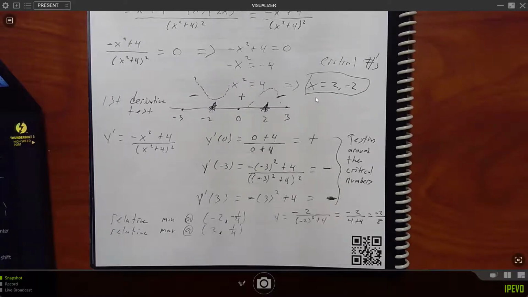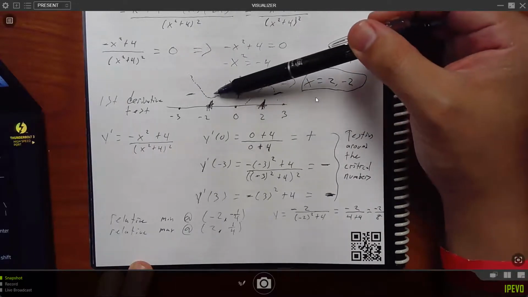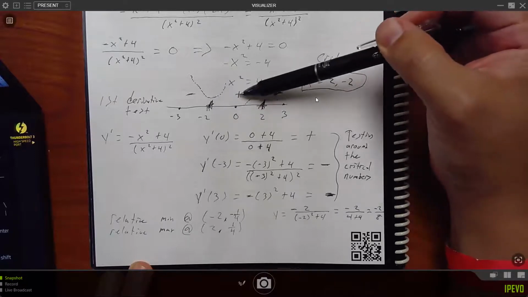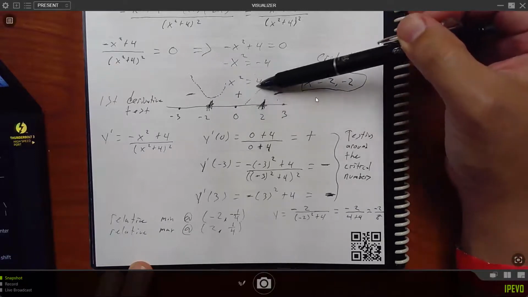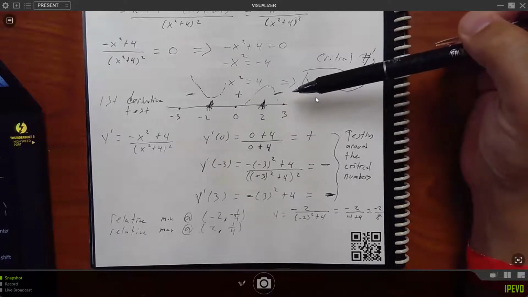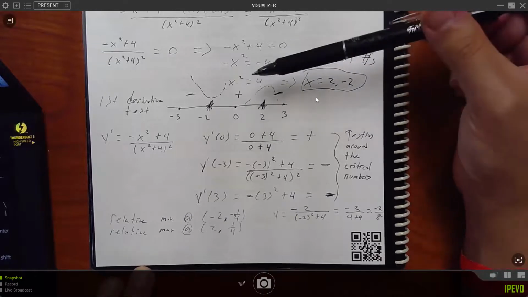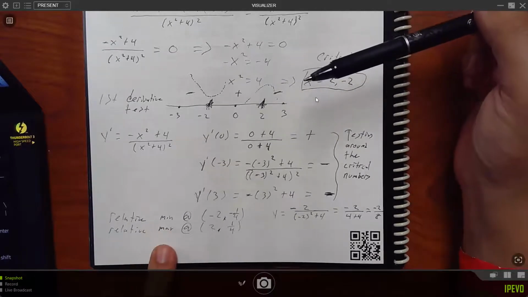You're like, well, no, because there's one minimum, which is going down and then goes back up, and then the other one was going up and then going down. Yeah, so whenever you have down and then up, you have a minimum. Whenever it's up and down, you have max. Yeah, so you're going to have two extrema, a minimum and a maximum.